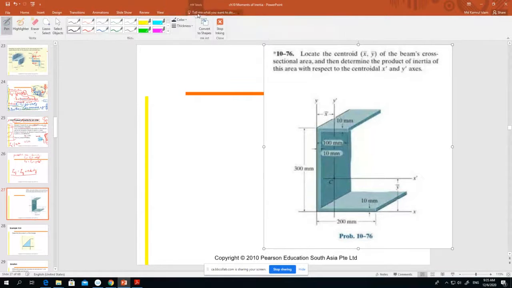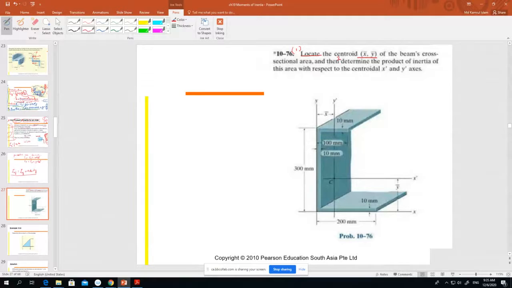Now let's see what the problem is telling us here. The problem is to locate the centroid of the beam cross-sectional area. So the beam is here, and the cross-section has been shown here. There are two questions. First question is locate the centroid.